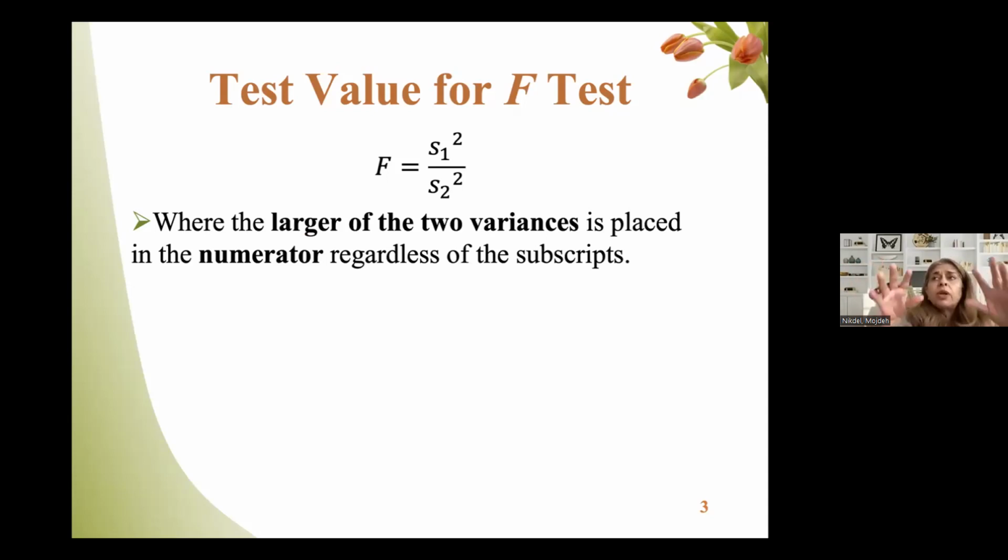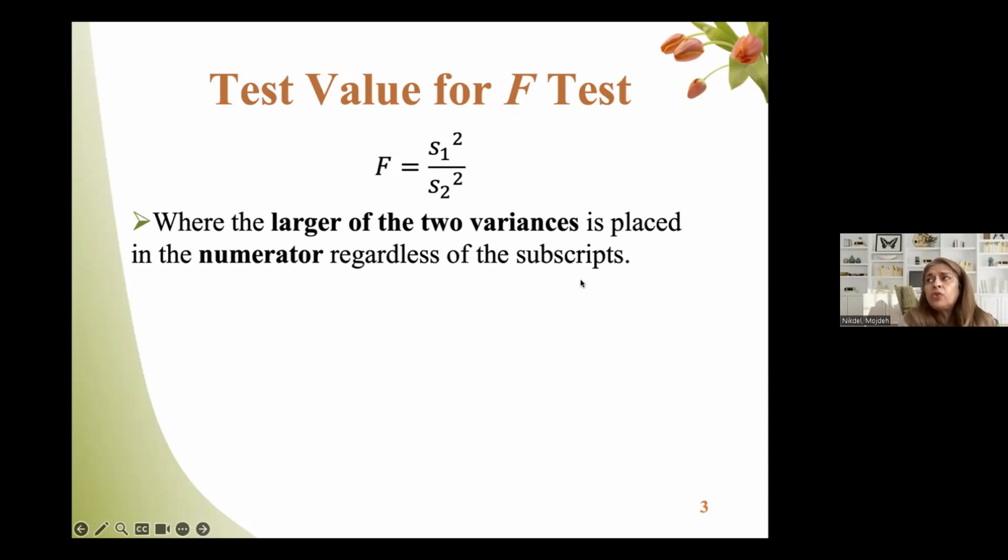You have to look at the groups and pick the group that has the larger variance as group 1. So the larger of the two variances is placed in the numerator, regardless of the subscript.